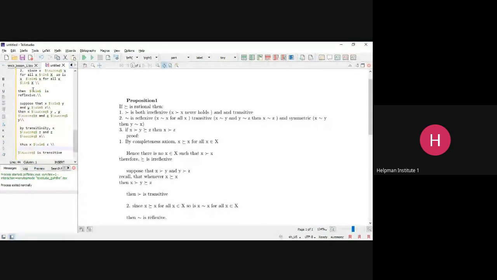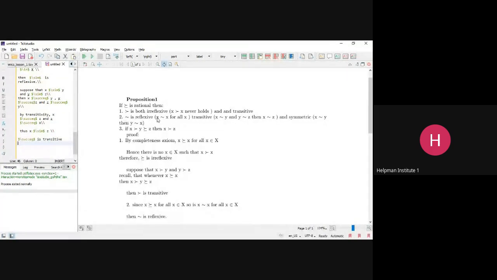Now, we've proved transitivity. We've proved reflexivity, that this indifference is reflexive. This indifference is transitive, and it remains to show that it is symmetric. What do we mean by symmetry?